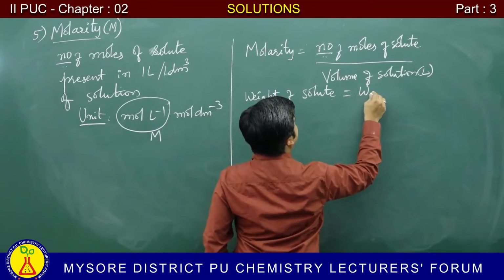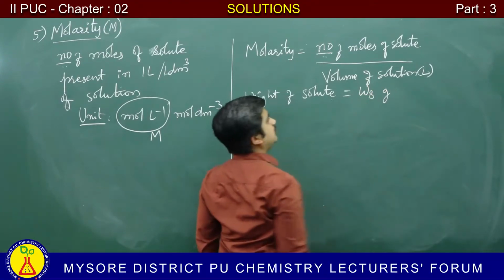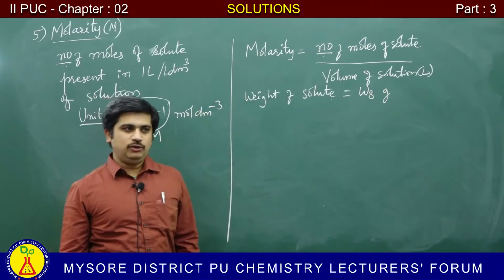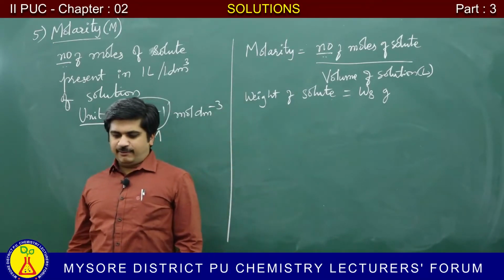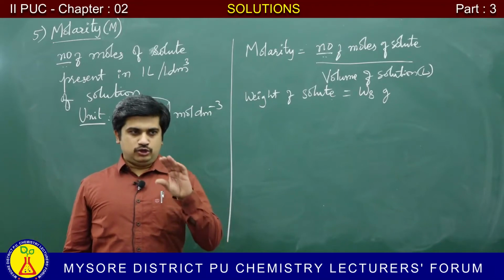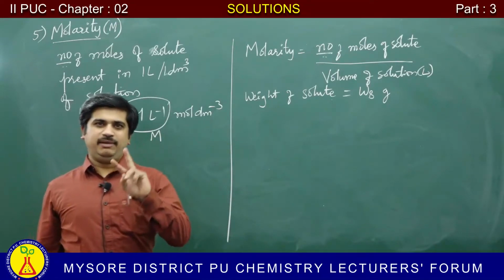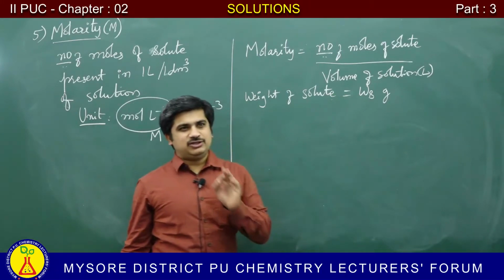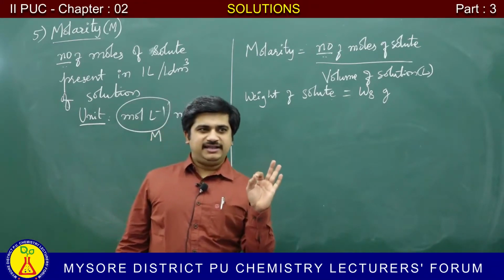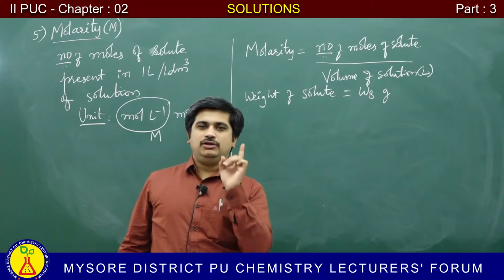Let us assume it is WB grams. B always refers to solute, A always refers to solvent. If we have a binary solution of a solute in solvent, one solute, one solvent, then the subscript B refers to solute usually, the subscript A refers to solvent.